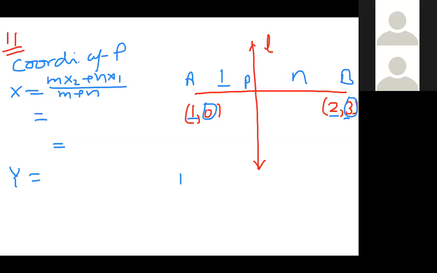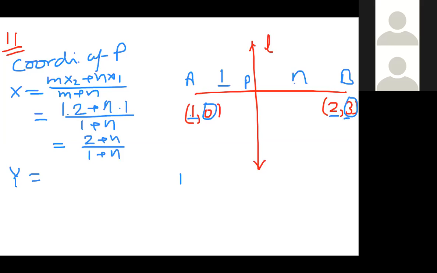So it will be m, that is 1, into x2, that is 2, plus n into 1, upon m plus n, 1 plus n. So the answer is (2 plus n) upon (1 plus n).